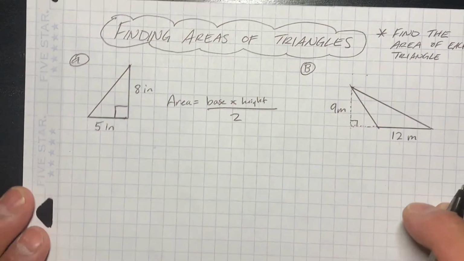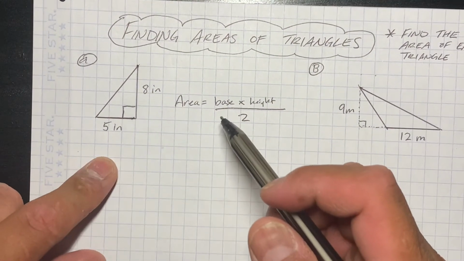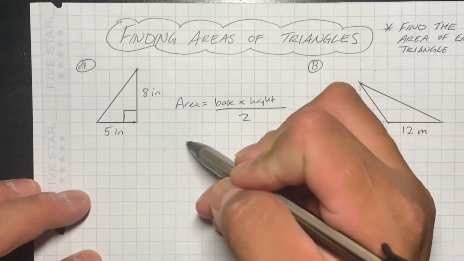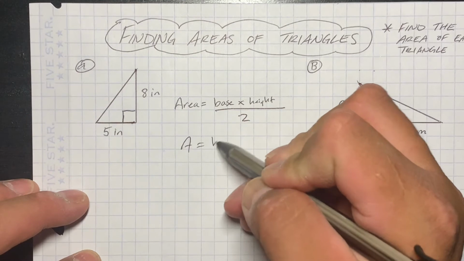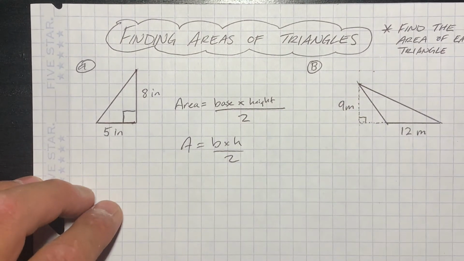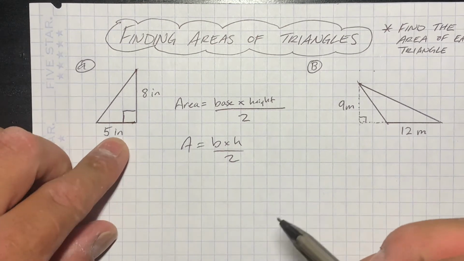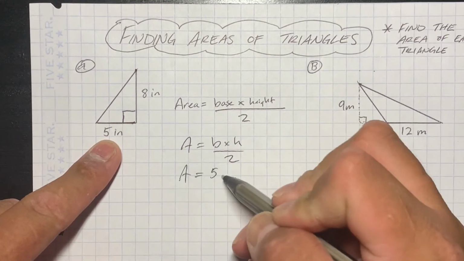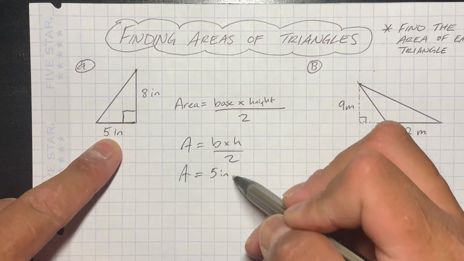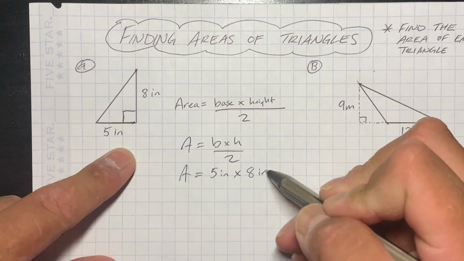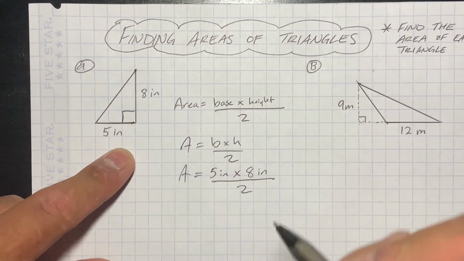So there we go. Let's substitute these values into these variables now. So again, this is going to be A equals base times height divided by 2, the area formula of a triangle. So the base here is 5. Substitute 5 inches for the base times the height. It is 8 inches tall, divided by 2.